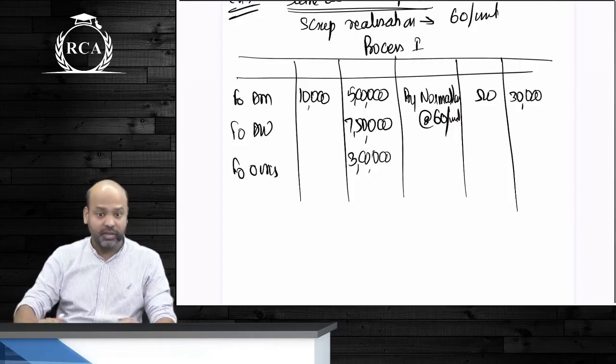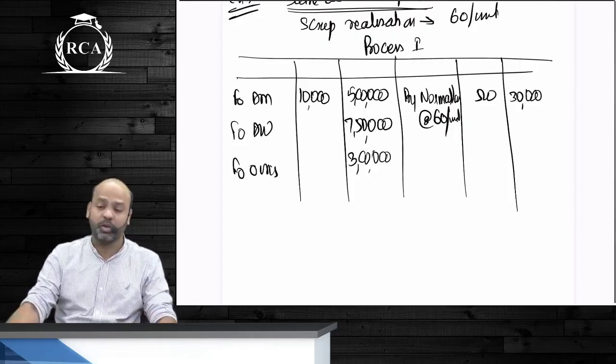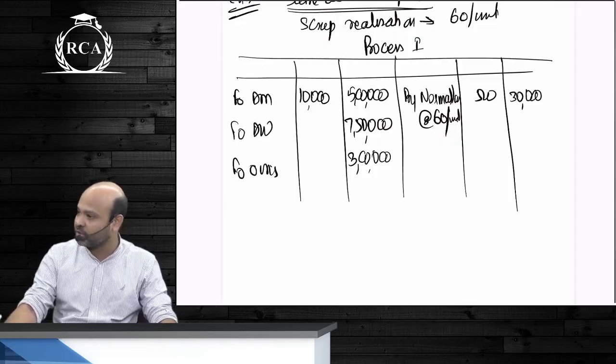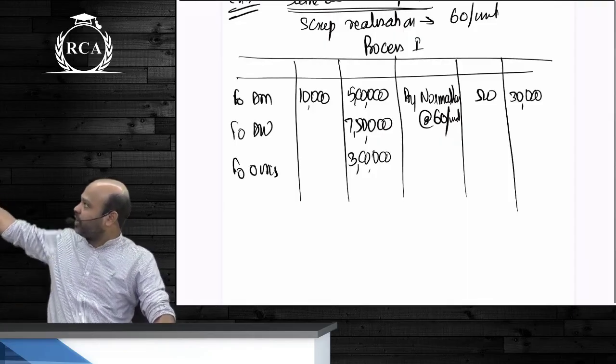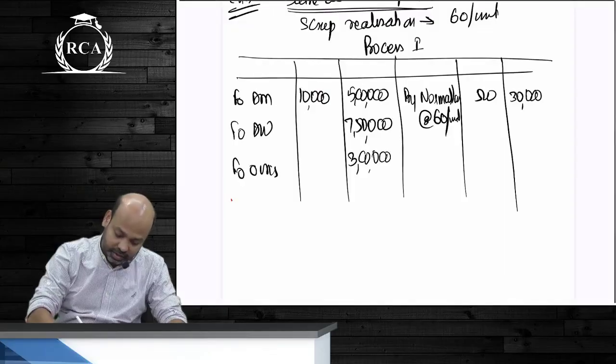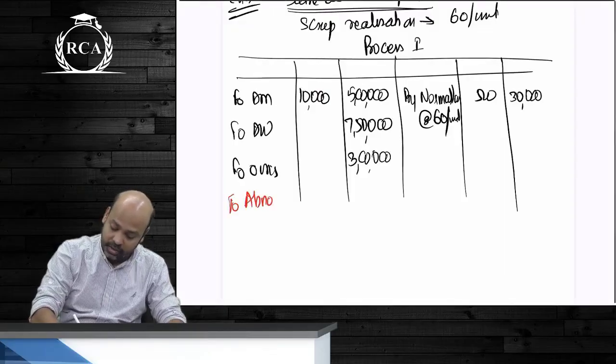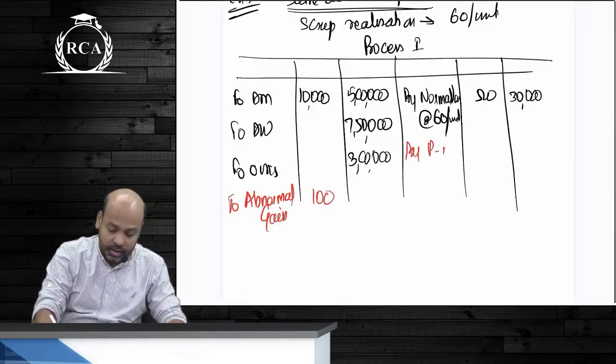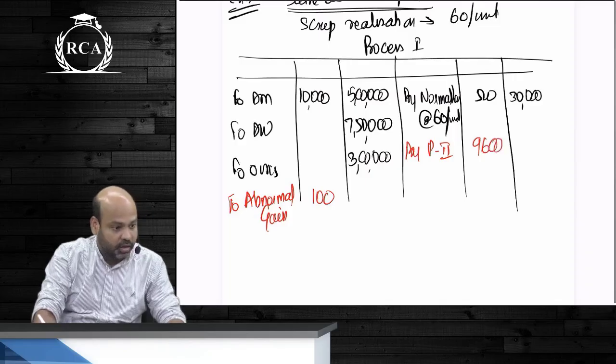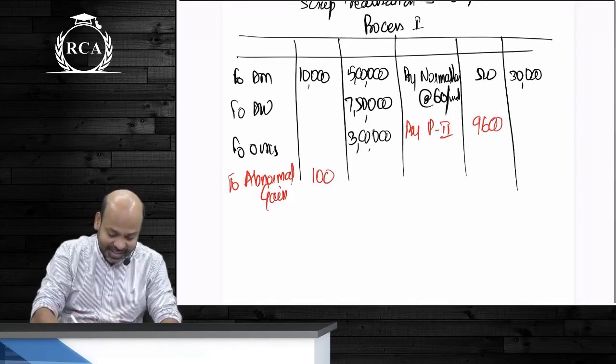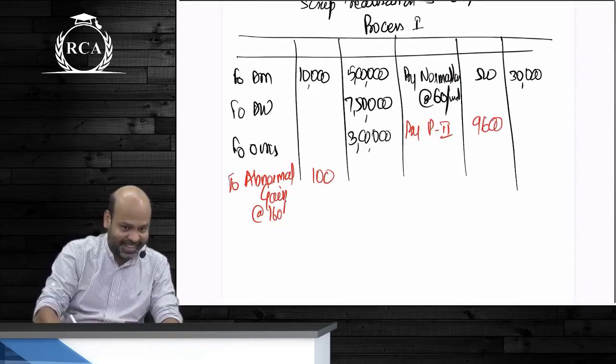So guys, doesn't matter whether there's abnormal gain or abnormal loss, the cost per unit still remains at 160 rupees only. It will not change. I will still write 500 units, 30,000 as such, but I know that I will not get scrap value, guys.